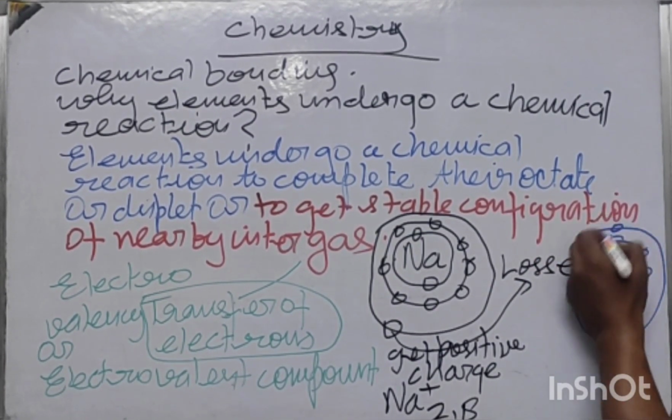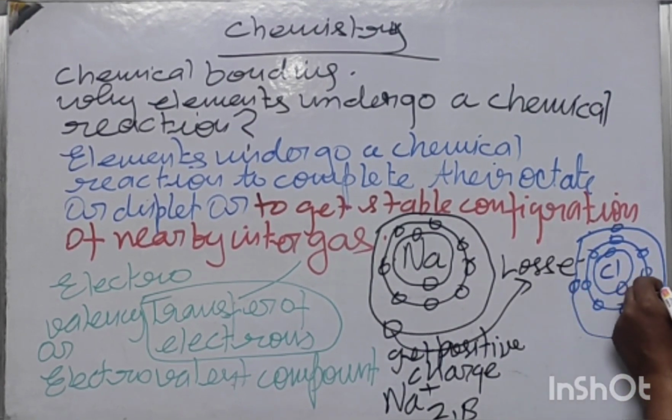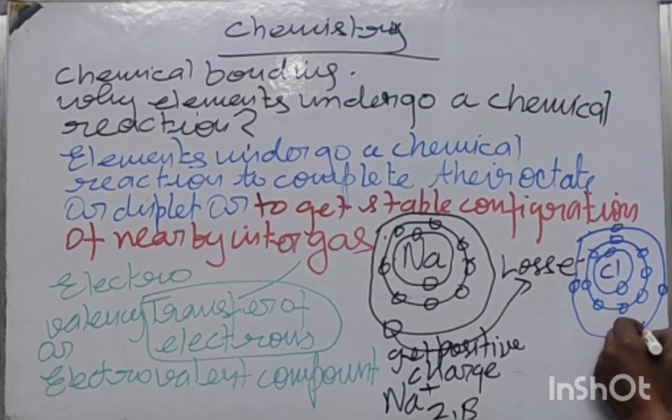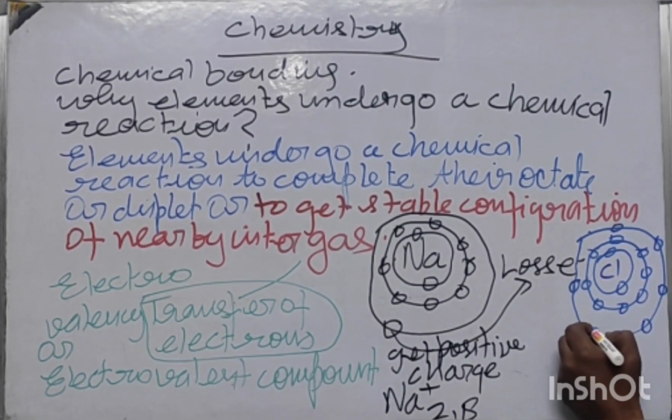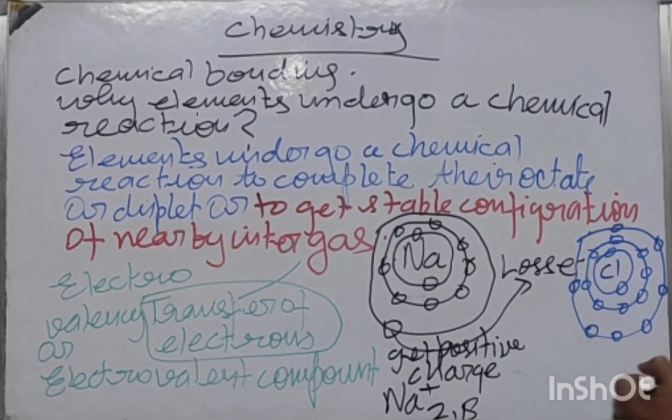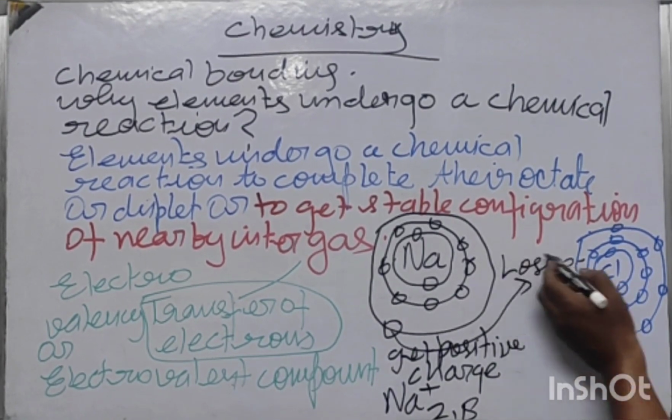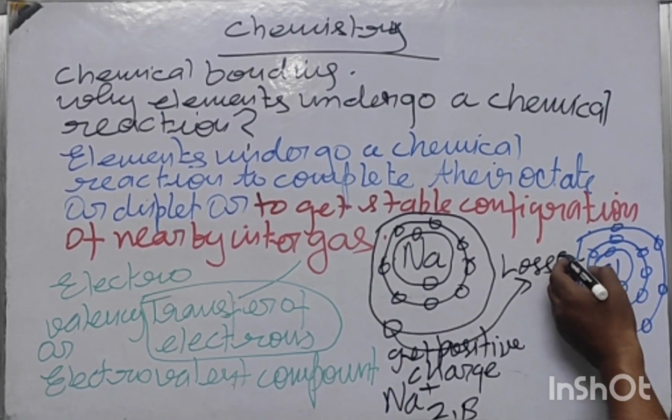So one, two, three, four, five, six, seven. And this one electron it takes.